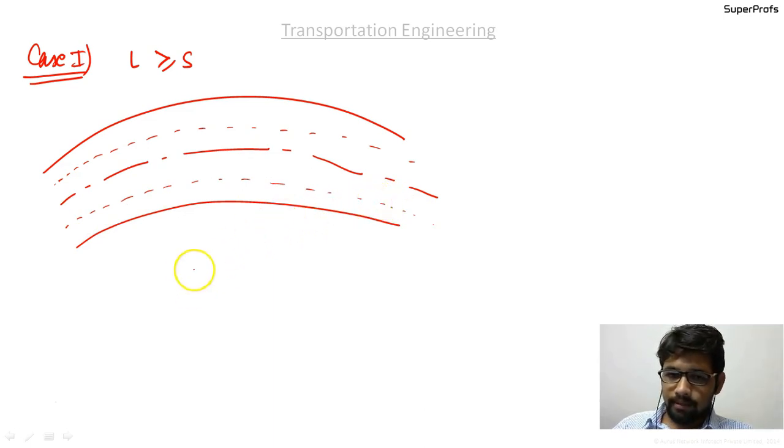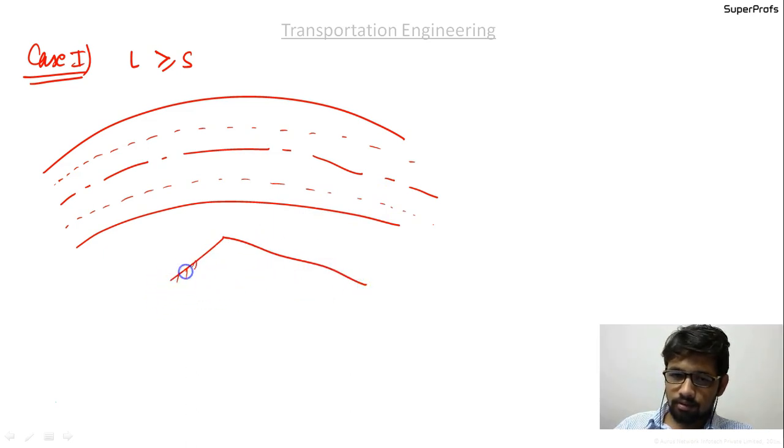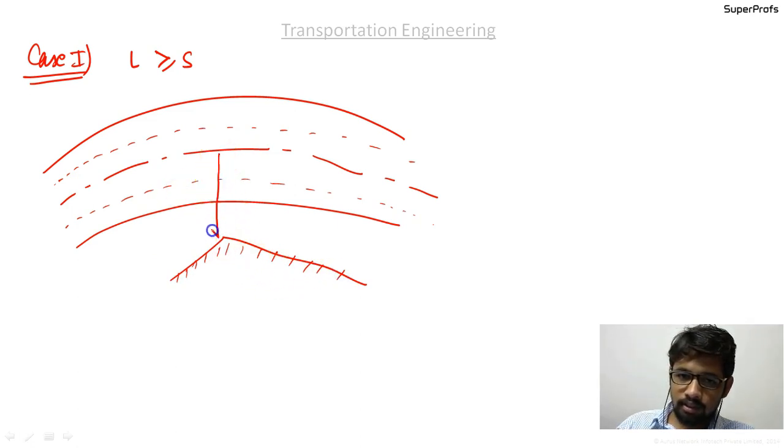So there will be some obstruction like this, and the minimum setback distance is M over here from the center line of the road.